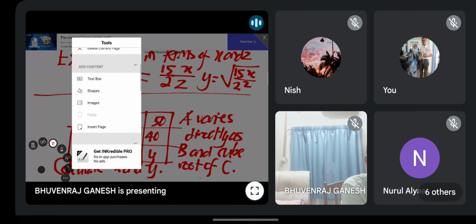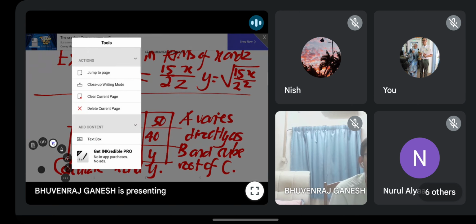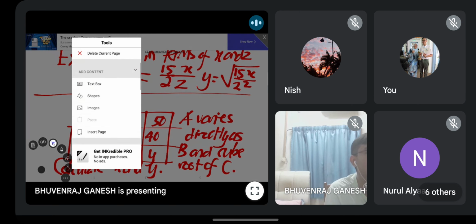Macam mana bentuk ubahan dia nampak untuk soalan macam ni? How the variation will look like? A varies directly as B and then cube of C.